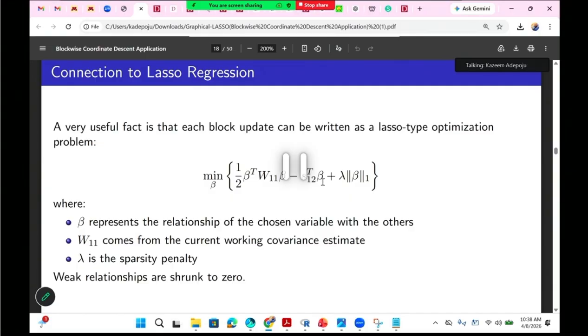Any relationship that is weak is going to shrink to 0. An indirect relationship is going to be weak. We don't want indirect relationships. It will actually remove indirect relationships, making the network sparse, which is our goal anyway. If the network is sparse, then we have a more interpretable structure.